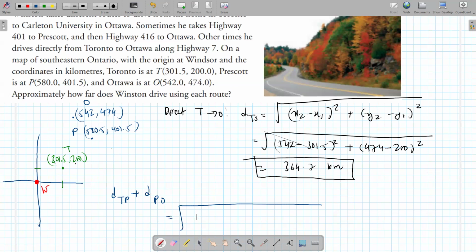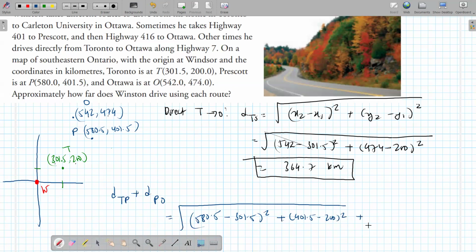It's going to be 580.5 minus 301.5 squared plus 401.5 minus 200 squared. So that's the distance from TP. And then to this, we're going to add the distance from PO. So it'll be 542 minus 580.5 squared plus 474 minus 401.5 squared, like that.